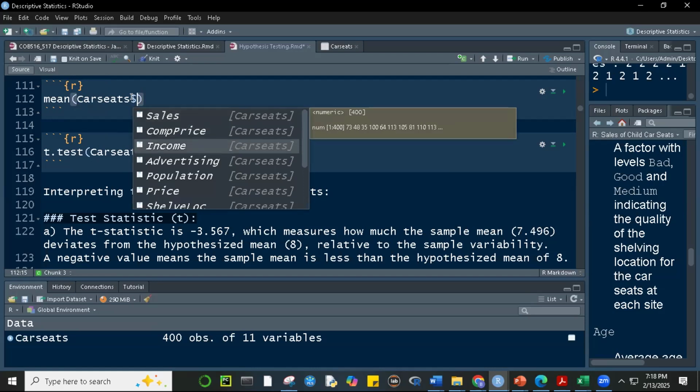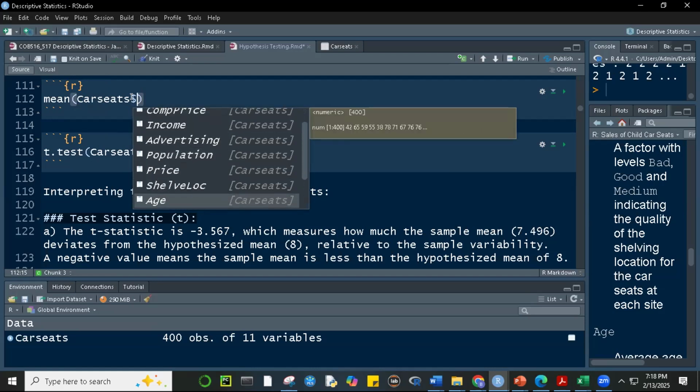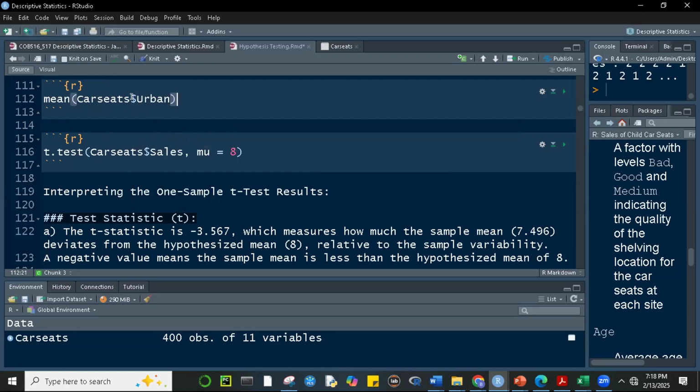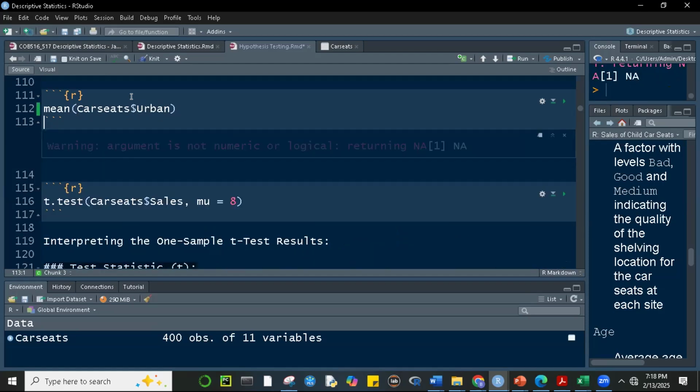Okay. So for example, if I get the average of urban, tab, control enter. Of course, it will not have any answer because urban is a character variable. It's either yes or no. So you can't get the average of a character variable.